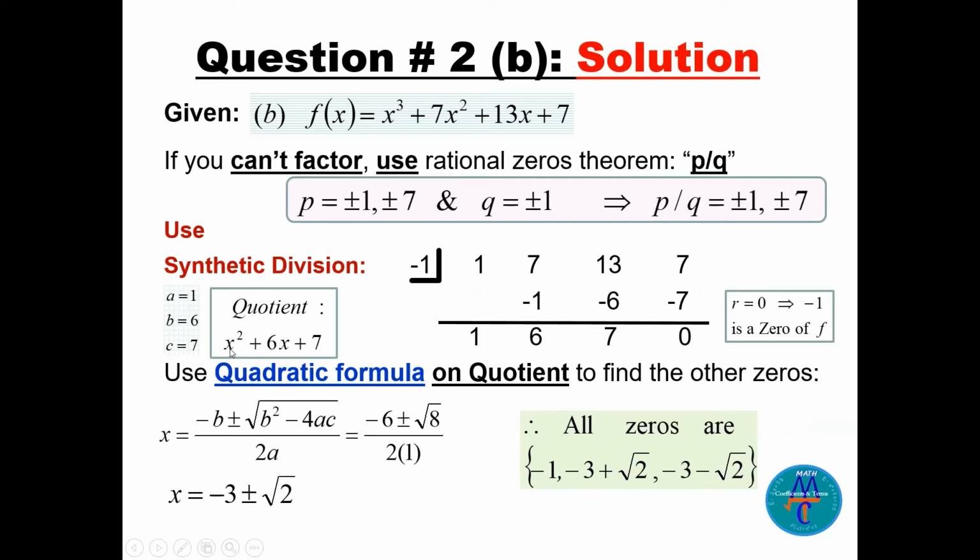Remember, a is the coefficient of x squared, 1. b is the coefficient of x, 6. c is the constant, 7. Put the numbers here and simplify the radicals. You get minus 3 plus square root of 2 and minus 3 minus square root of 2. These are not easy zeros. They are real zeros because these are real numbers, but they are irrational. So the zeros for this function are minus 1, and minus 3 plus or minus square root of 2.